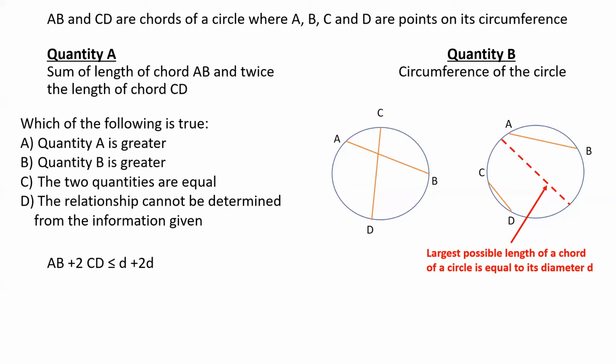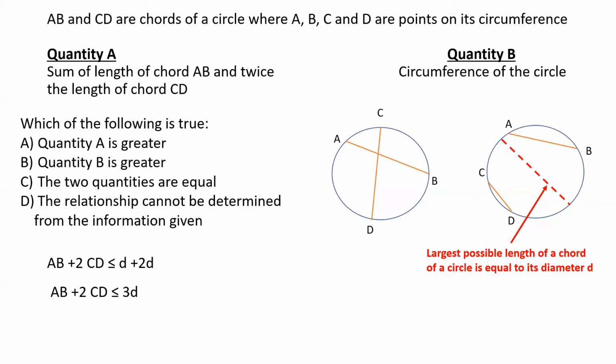AB plus twice CD will always be less than or equal to d plus 2d, where d is the diameter of the circle.